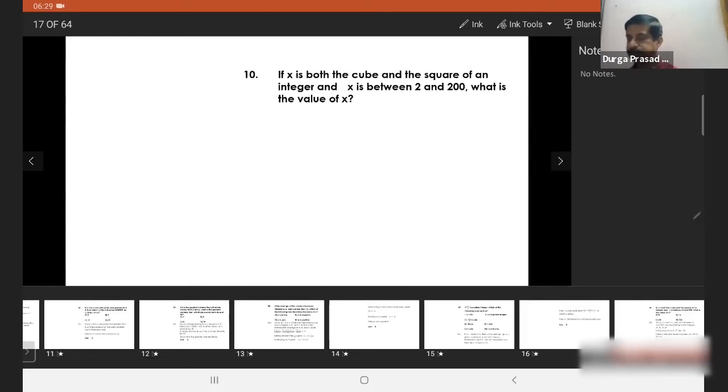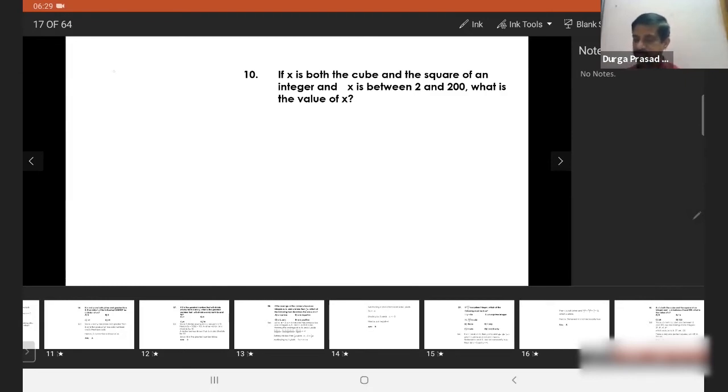If x is both the cube and the square of an integer, and x is between 2 and 200, what is the value of x? So simple, children, between 2 and 200, you note all the numbers which are squares, and you can pick which is also the cube of some number.